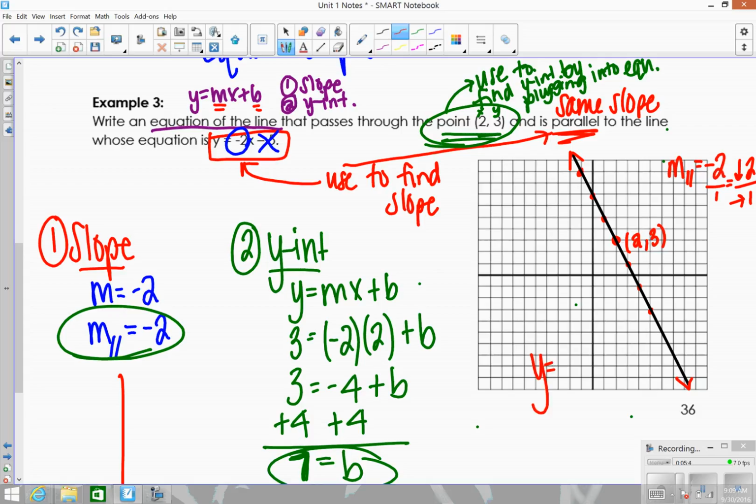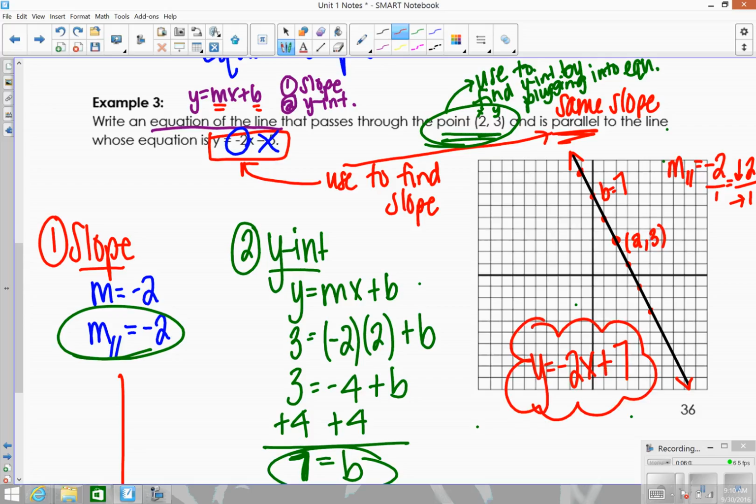Well, the equation for it, we know that the slope is negative 2 because that's what we counted, so that it was parallel to the original. And all I would have to do is then just find the y-intercept. So the b value would be 1, 2, 3, 4, 5, 6, 7. So since the b value is 7, it means I have plus 7 at the end. So either way, you get the same answer.